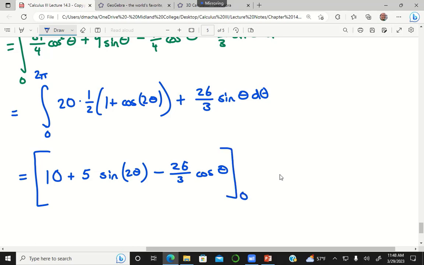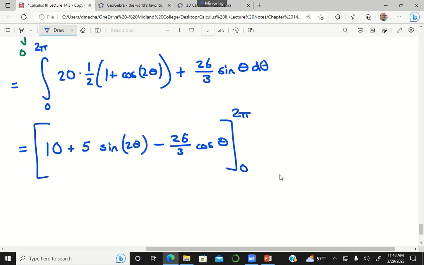And then my bounds of integration were 0 and 2 pi. Now sine of 0 is 0. Sine of 4 pi is also 0. So I actually don't care about this term at all, because the sine is always going to be 0.